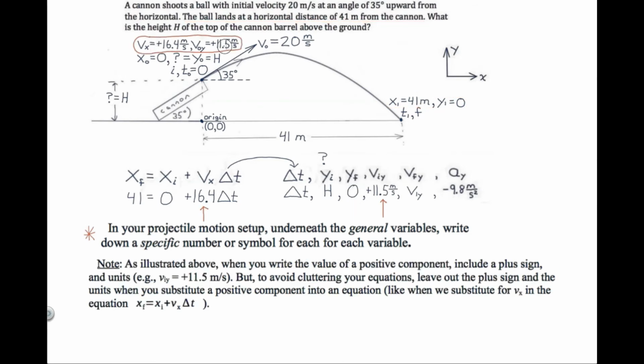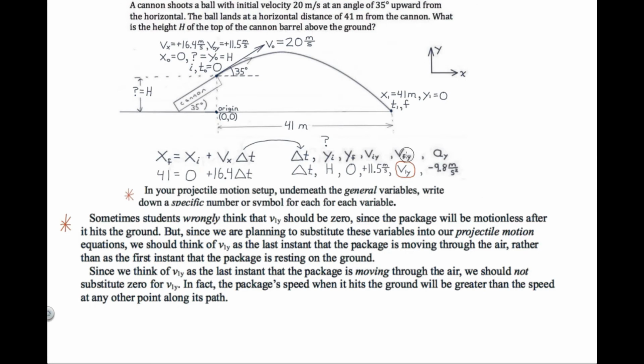Based on these results, which we obtained when we broke the initial velocity into components, we can substitute positive 16.4 meters per second for v sub x, and we can substitute positive 11.5 meters per second for v initial y. For v final y, we can substitute the more specific symbol v sub 1y, which stands for the y component of the velocity at time 1.